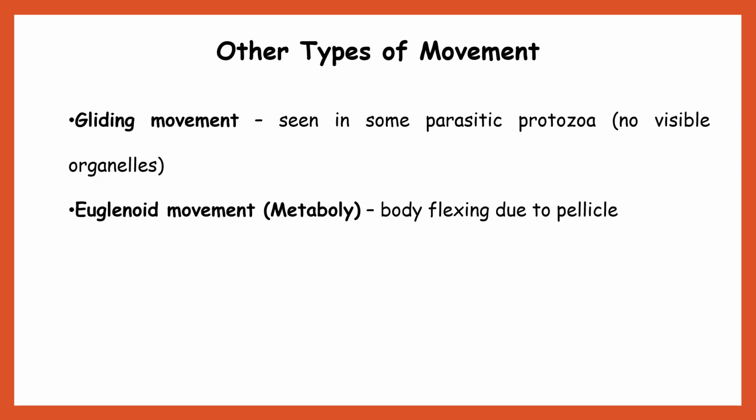One more type of movement, especially seen in the Euglena category, is known as euglenoid movement. As all of you are aware, Euglena is externally covered by a pellicle. This pellicle contracts and relaxes, contracts and relaxes.